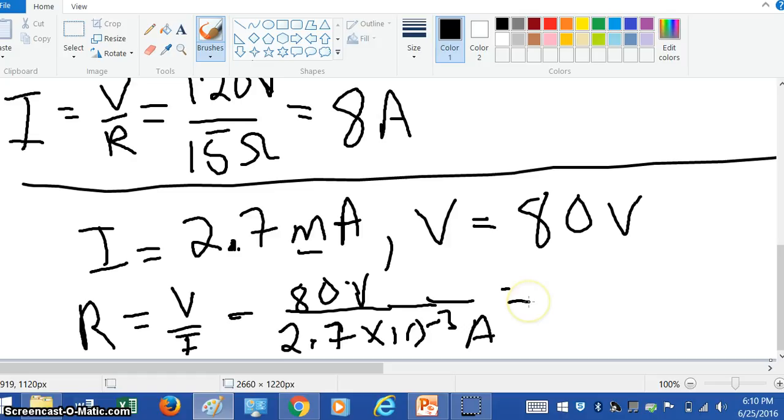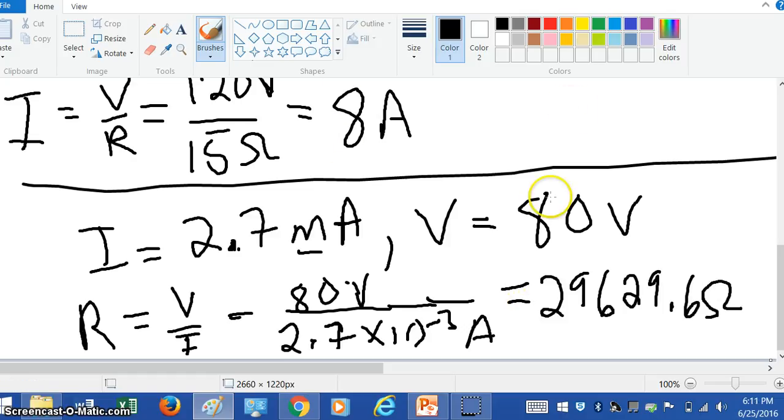All right, so let's try this on our calculator. So when I plug it into my calculator, I get 29,629.6 ohms. And that's that last example, and so that would be the resistance.